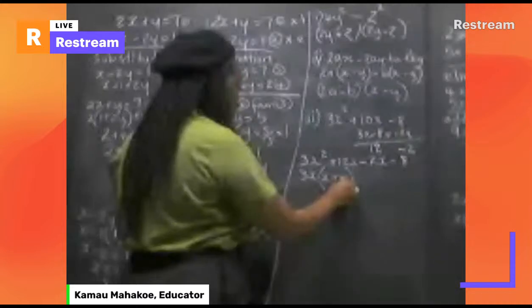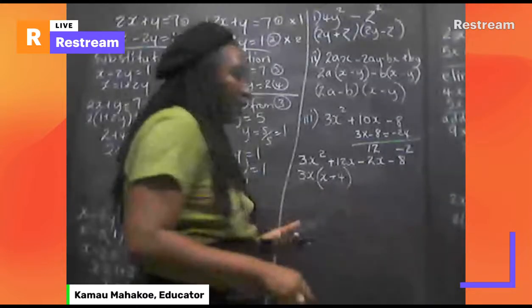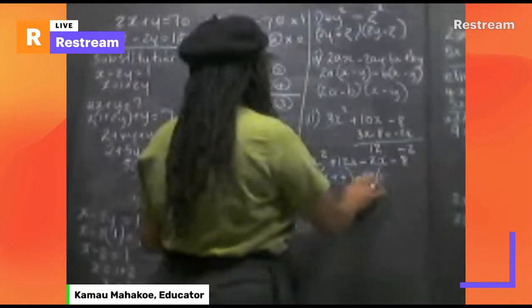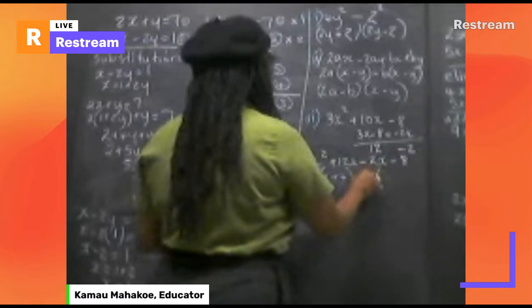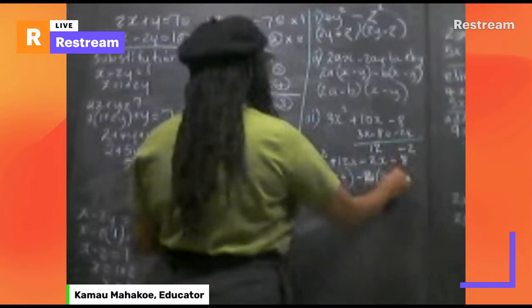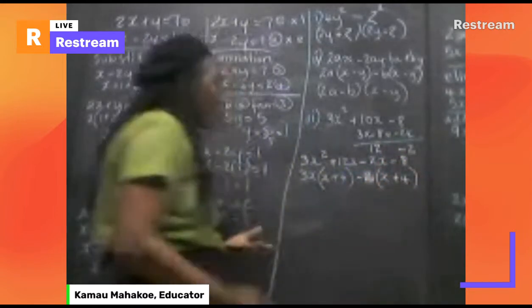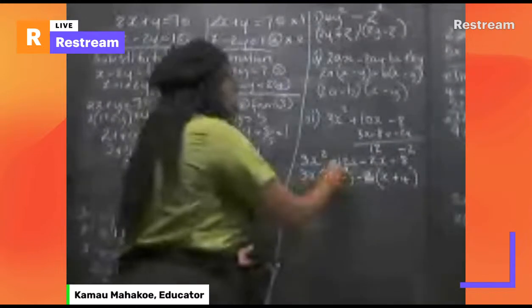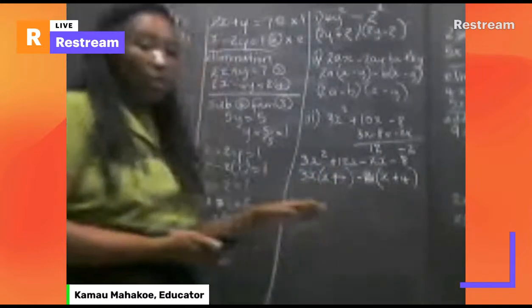The common factor of negative 2x and negative 8 is negative 2. Negative 2 goes into negative 2x with x, and negative 2 into negative 8 goes positive 4. Remember, when you're factorizing in pairs, you should end up with the same term in the brackets.